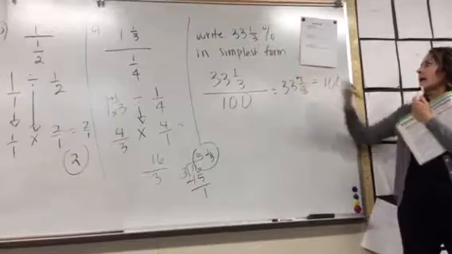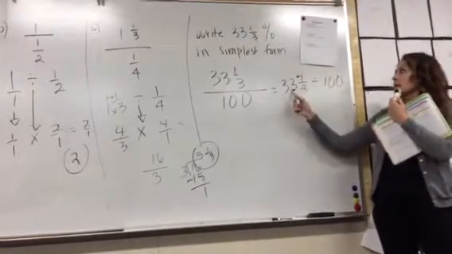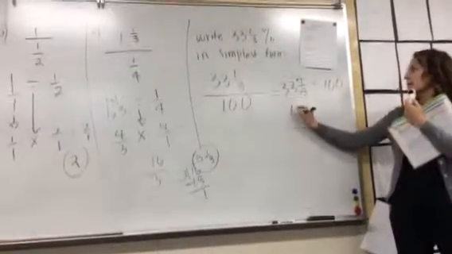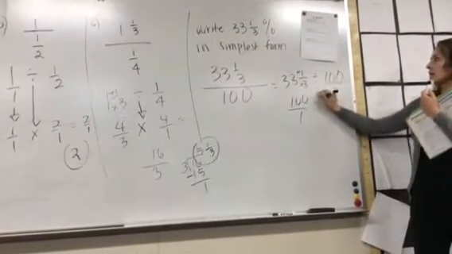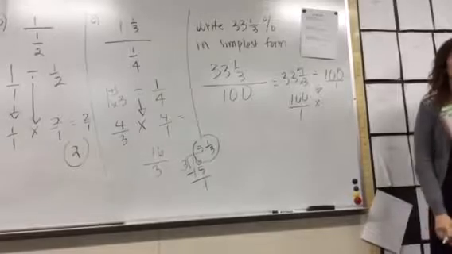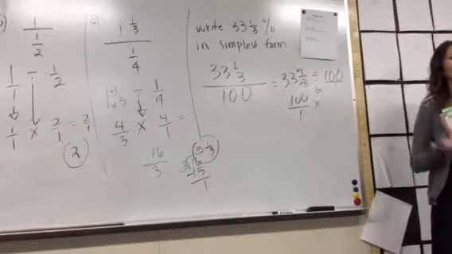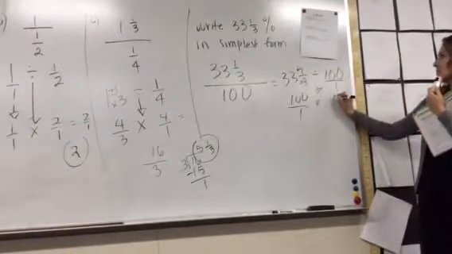Multiply the bottom and add the top. You get 99 plus 1, 100/1. Change the division sign into multiplication and do what to the second fraction? The reciprocal.